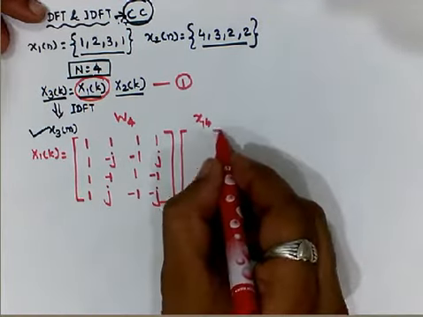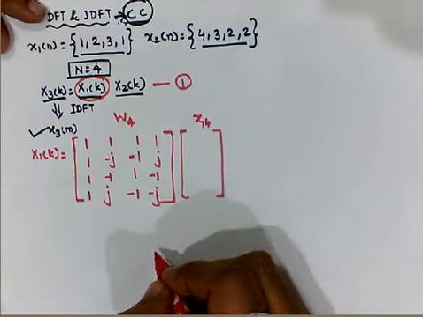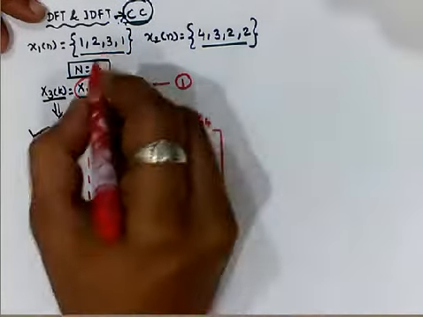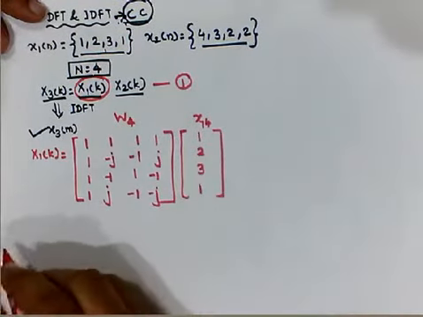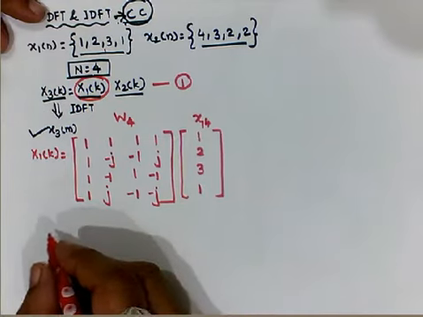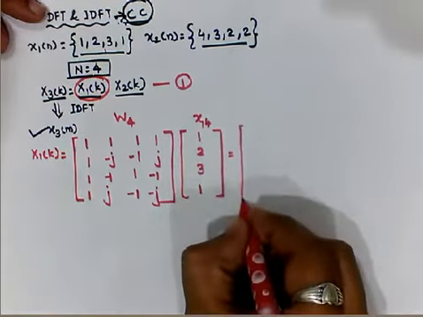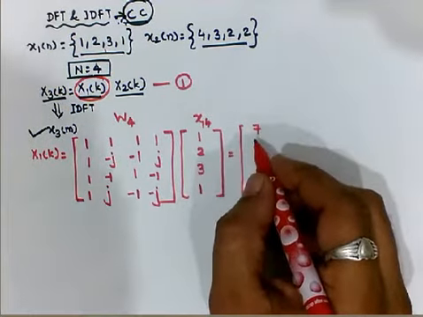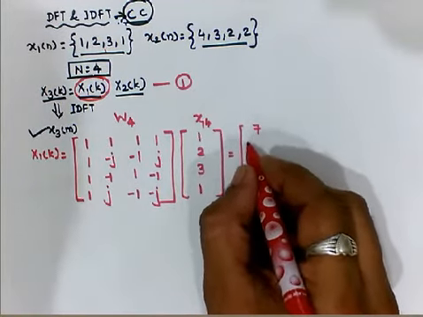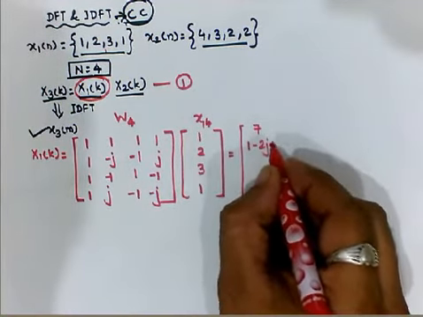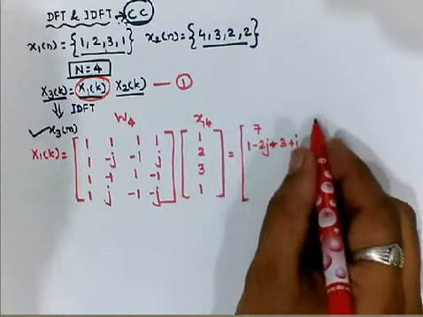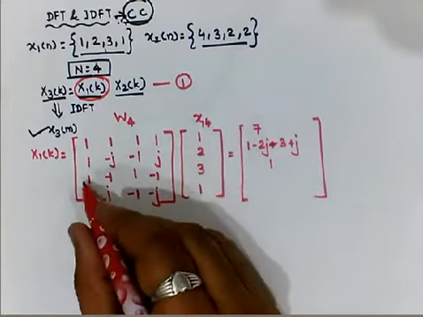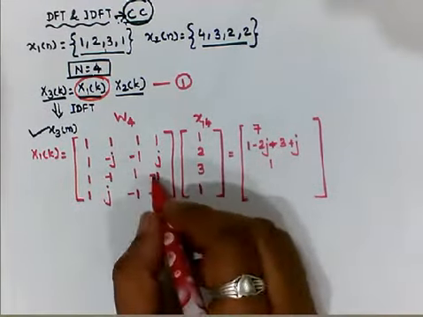Next is x1 of 4, or x1. For this, the values of x1, 1 2 3 1, which are over here, we write as a column. After multiplication of this, we will get x1 of k in this format: 7 for the first case, then the second is 1 minus 2j plus minus 3 plus j, then it is 1 for the third case, because this is 1 minus 2 plus 3 minus 1.